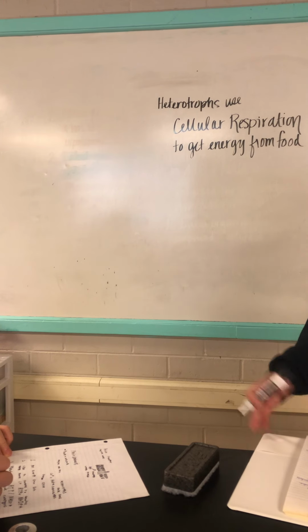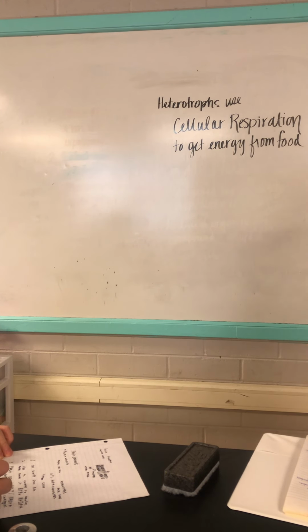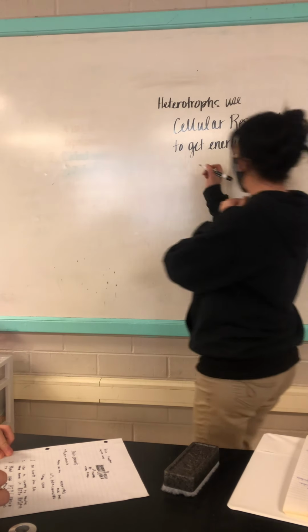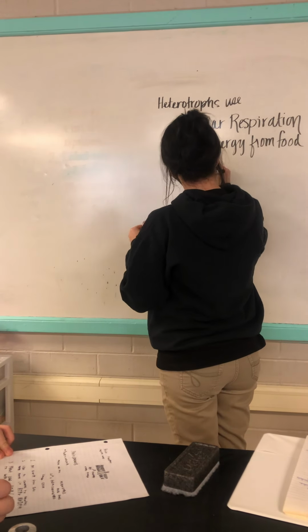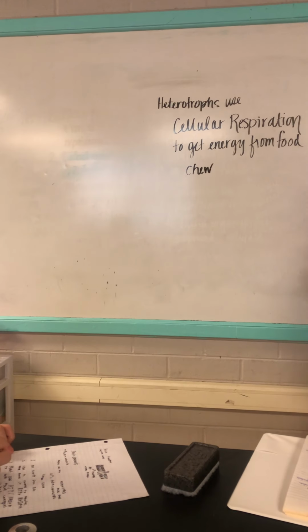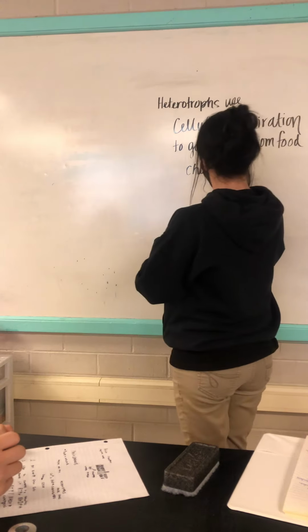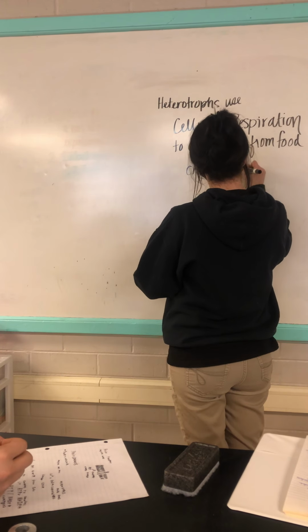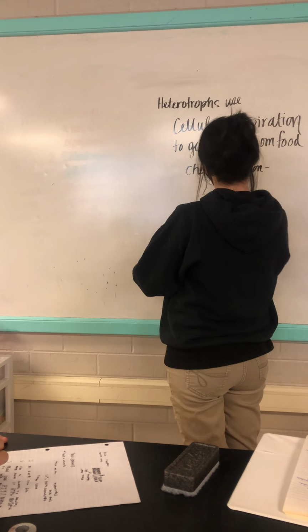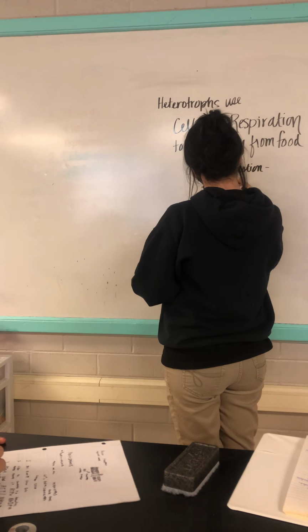But what's the first process you're going to be doing when you're eating? Chew it. Okay, so we're going to chew it. Digestion starts where? In your mouth, with saliva. And what's in the saliva? Enzymes that break it down.